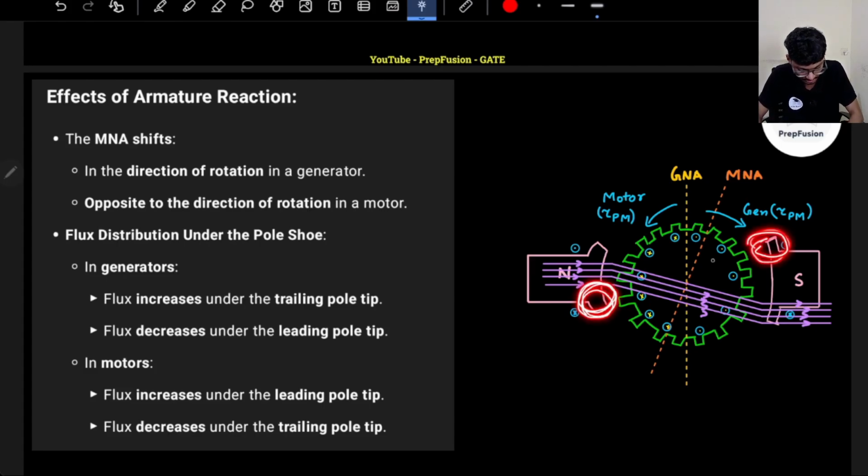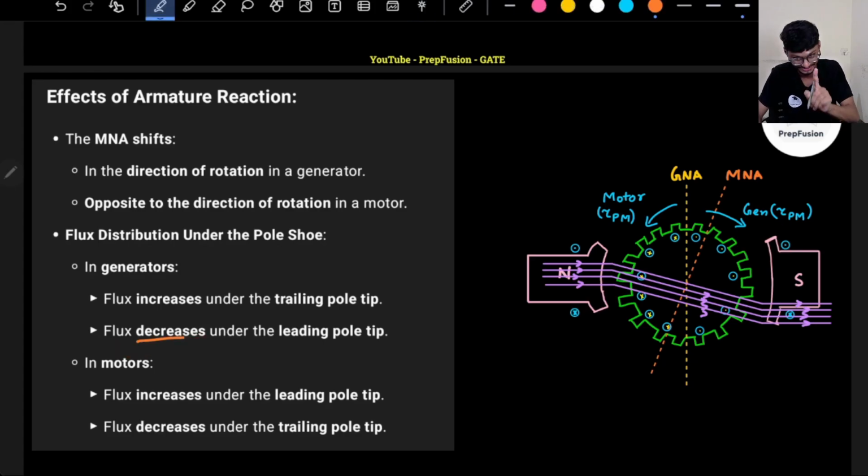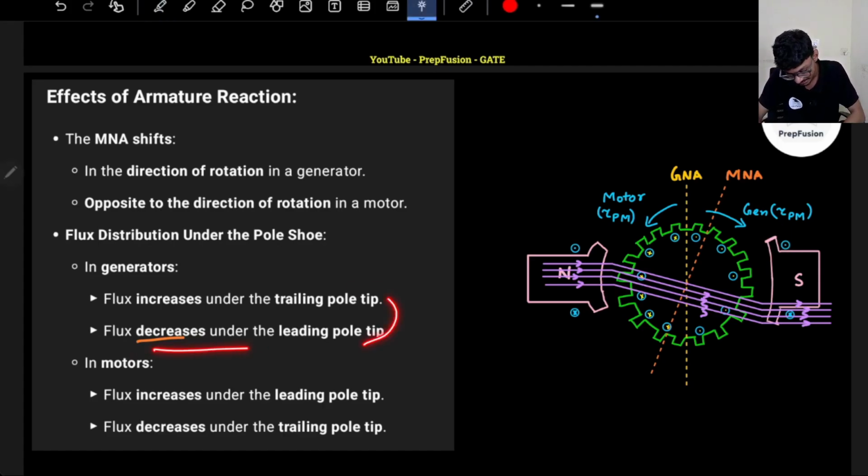If you see, flux lines are not here. So flux lines decrease, sorry, not that. Okay, you guys are very smart. I know you guys will cut this portion and then just put it. So flux lines decrease under leading pole tips. If you observe here, the flux line decreases. And in the trailing pole tips, the flux lines increase. That is for a generator.